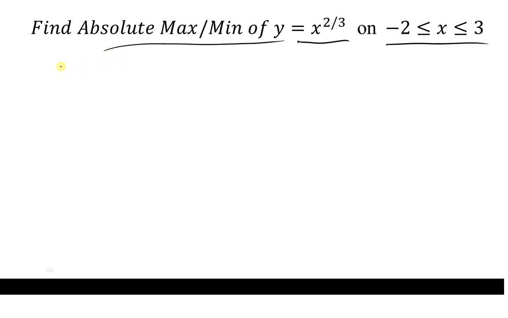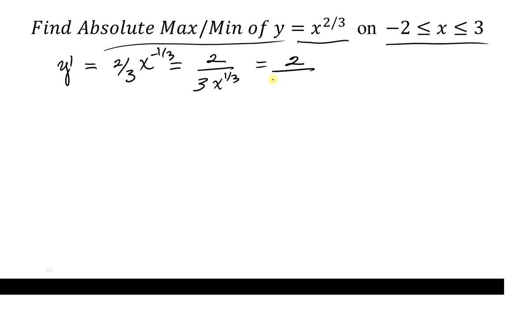If we take the first derivative of this function, simply using the power rule, we get 2/3 x to the 2/3 minus 3/3, which is minus 1/3, which is equal to 2 over 3 x to the 1/3, which is 2 over 3 times the cube root of x.